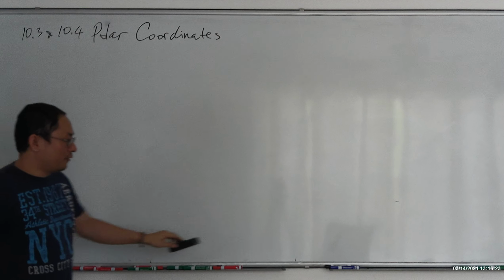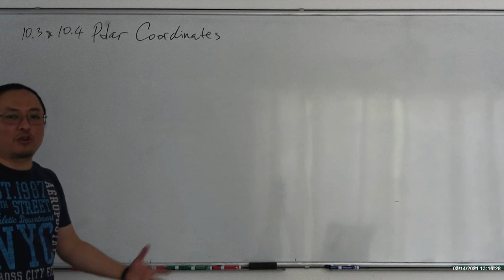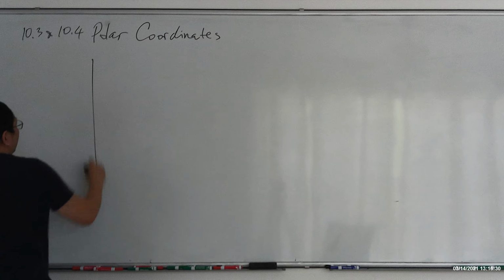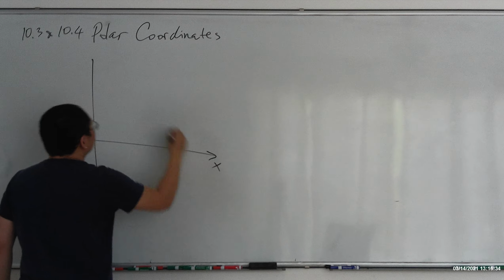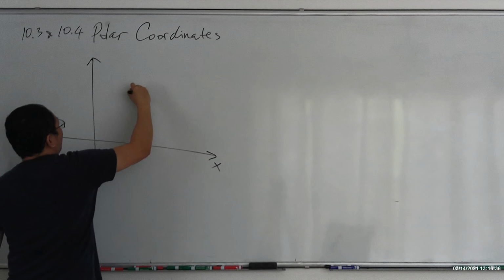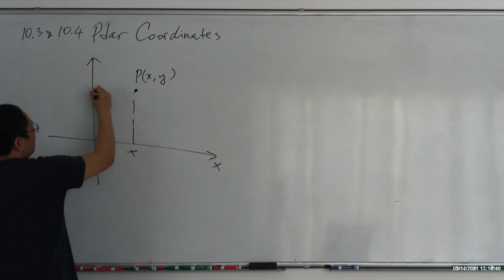Okay, so far we have used the so-called Cartesian coordinates, or rectangular coordinates. We want to represent a point or a curve. We use two axes, the x-axis and the y-axis, right? The point right here is denoted by x comma y, point P. And this is x, and this is y.